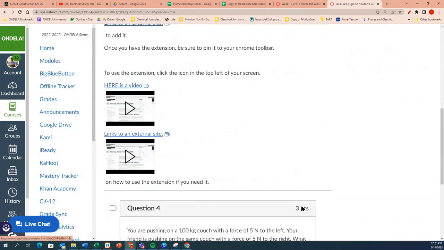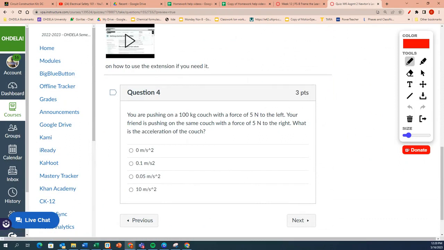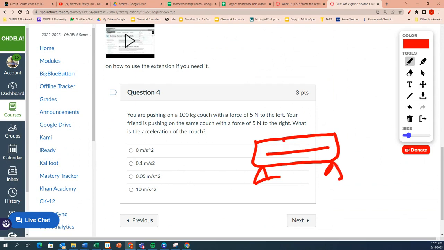Number 4, you are pushing a couch. So let's draw this couch. I like to do the couch. So we have a couch, table legs here, some cushions. So you're pushing to the left 5 newtons, and your friend is pushing the same couch 5 newtons to the right.